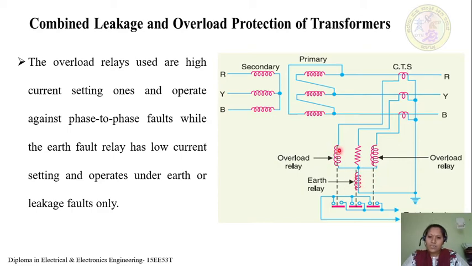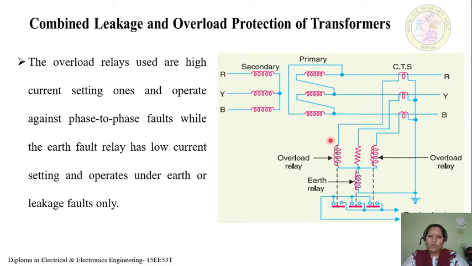Now the overload relays and the earth relay are connected to the three switches, and these switches are connected in parallel, and this is connected to the trip circuit. The trip circuit will get energized when any one of these three switches gets closed.